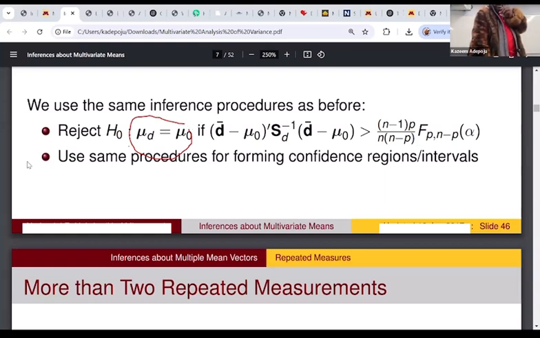Now, this is happening for two occasions. I'm visiting the same subject on just two occasions, but what was measured is more than one variable. What was measured was endurance, agility, and reaction time, which makes it multivariate. Does that make sense? But what if we visit on more than two occasions instead of two?